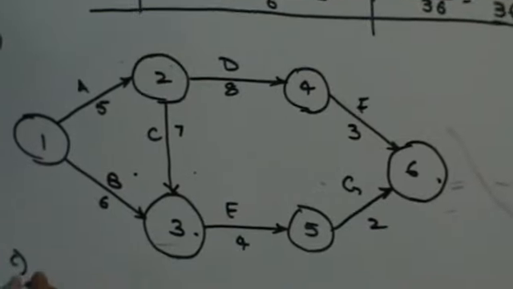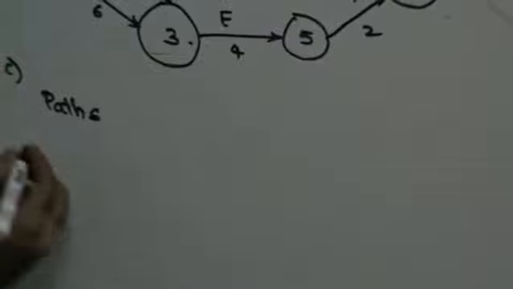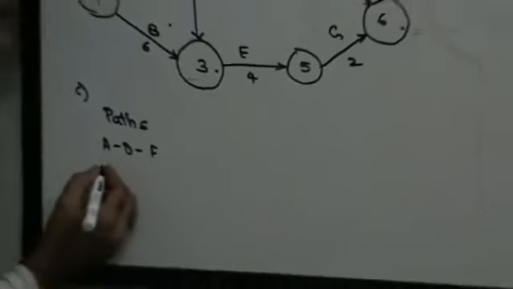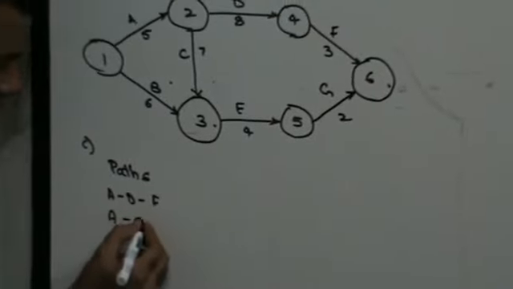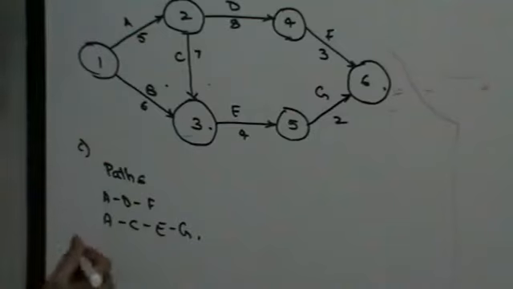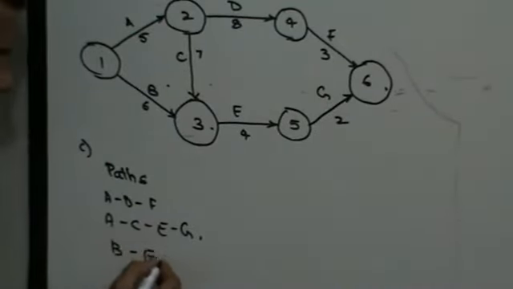Once I have the network diagram, let us find out the various paths that I have. One of the paths I have is ADF. Then I have a path ACEG. Then I have a path BEG. So these are the three paths that I have.